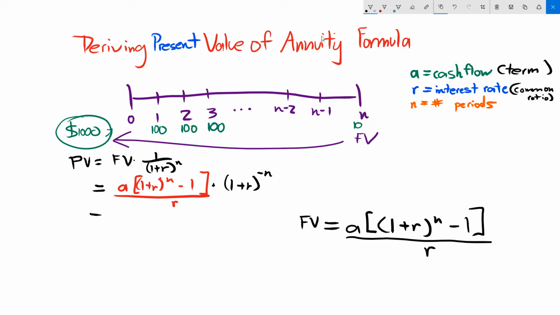And now if we put 1 plus r to the power of n into here, I'm going to distribute that. We end up with 1 plus r.